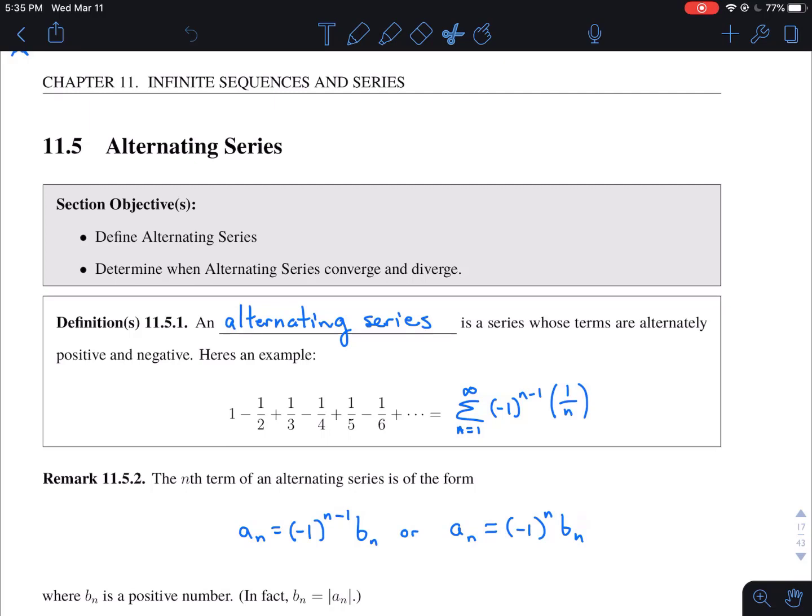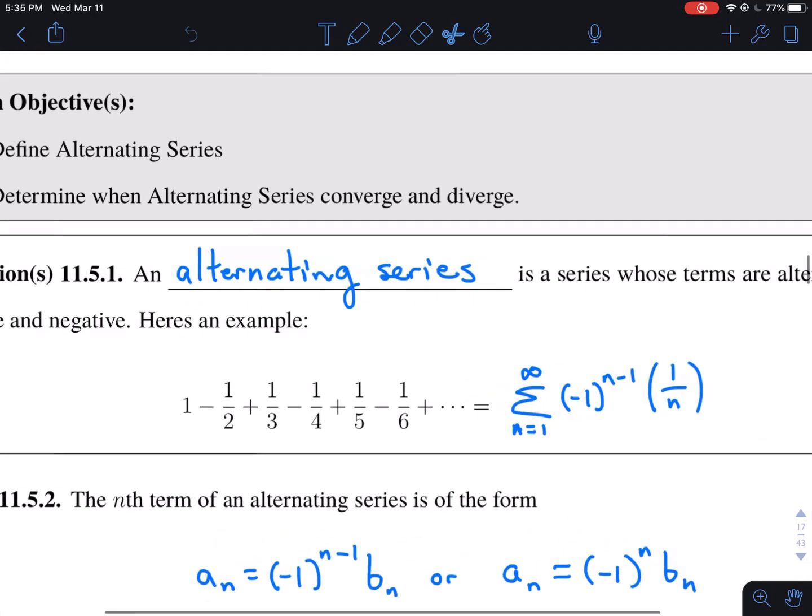All right, so first of all, in this section we formalize something that came up back in geometric series and even when we had sequences, this notion of having an alternating series. These are the things that go back and forth, positive, negative, and we found a great way to make alternating series or alternating sequences is having this -1 raised to some power.